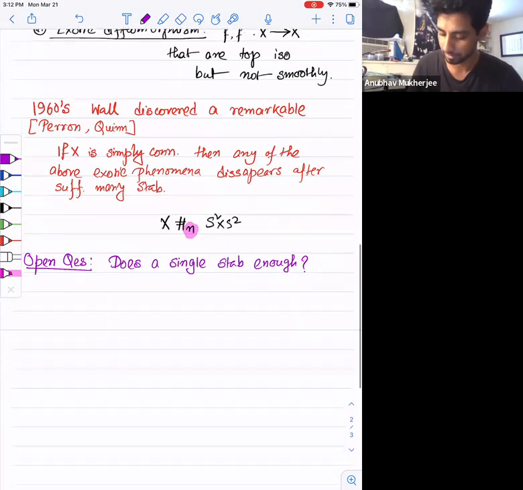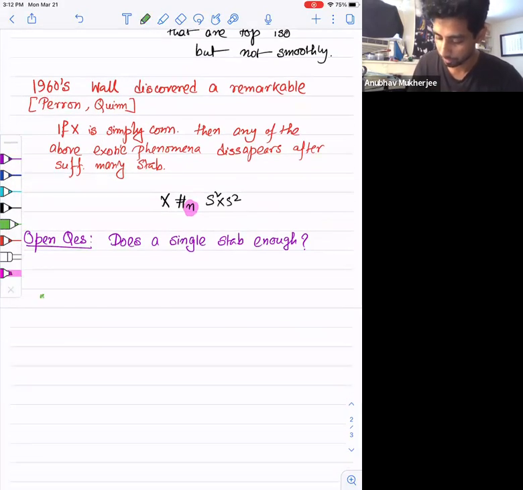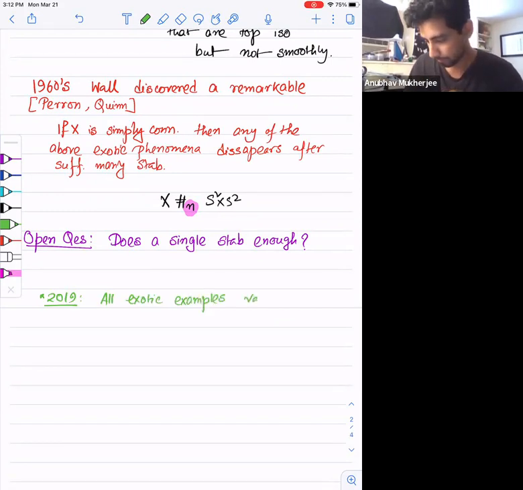So just a small remark: up to 2019, all exotic examples vanish after a single stabilization.